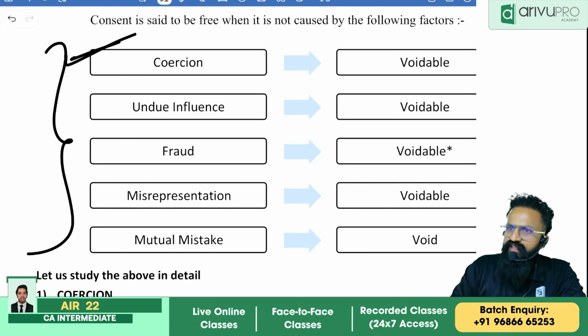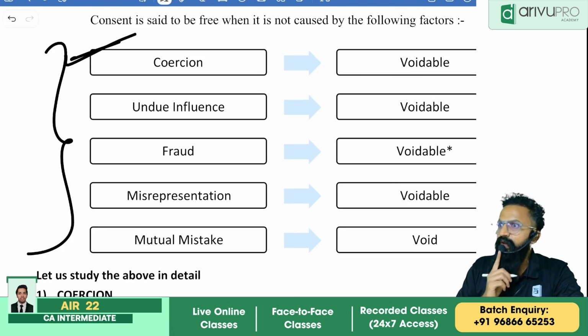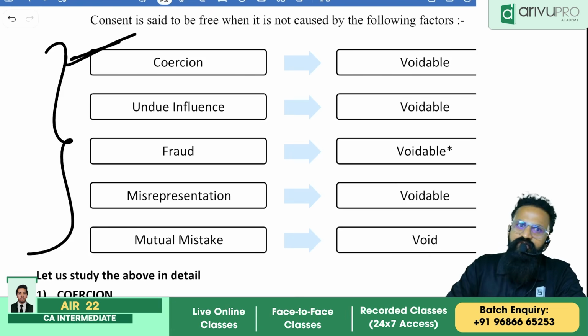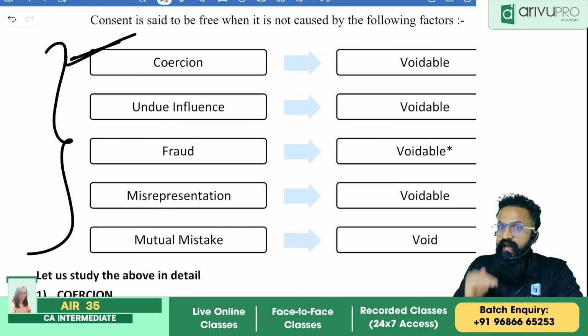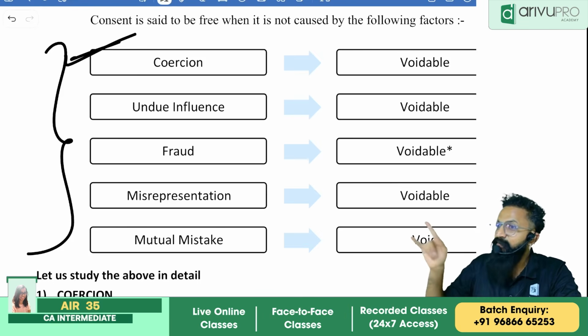Now whenever there is coercion, what is it? I'm pressurizing you, pushing you to say yes, but using some illegal means, some means which is not permitted under the IPC.